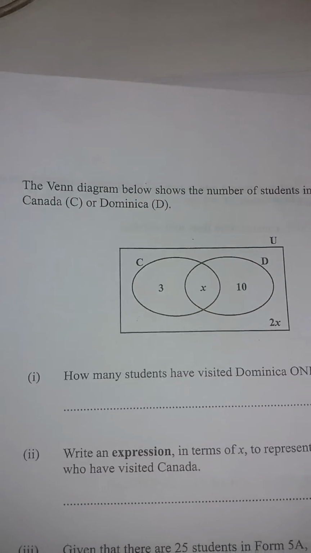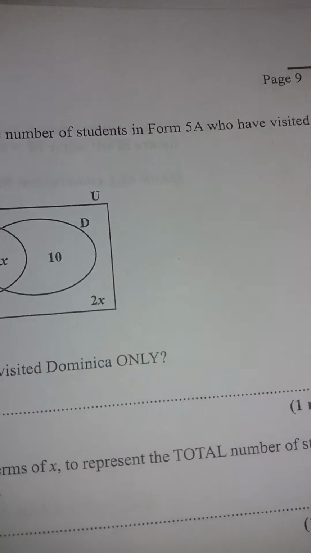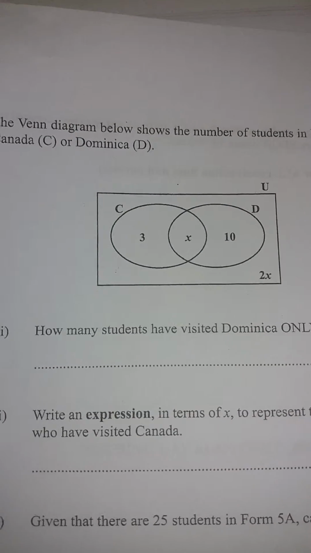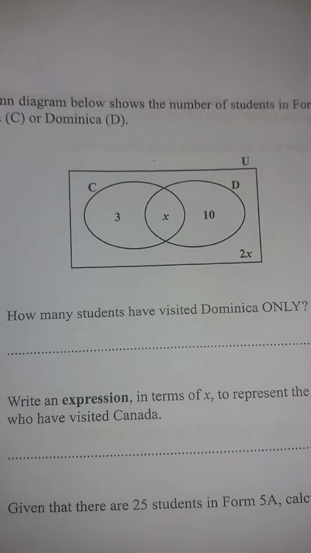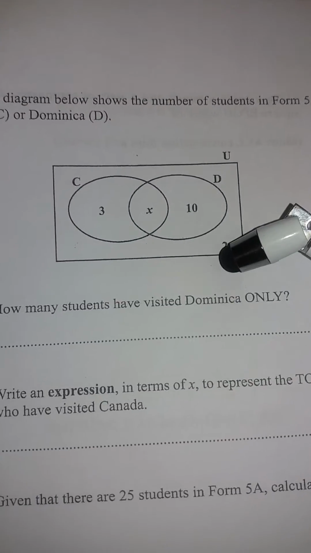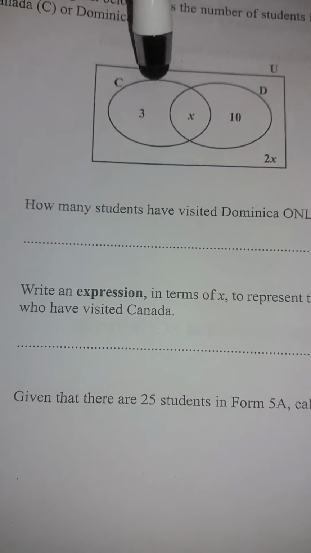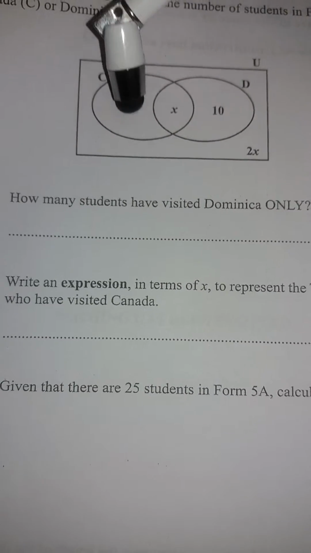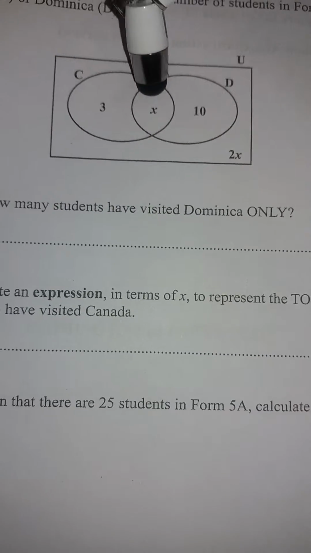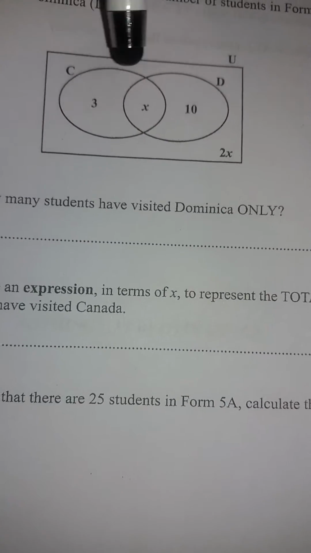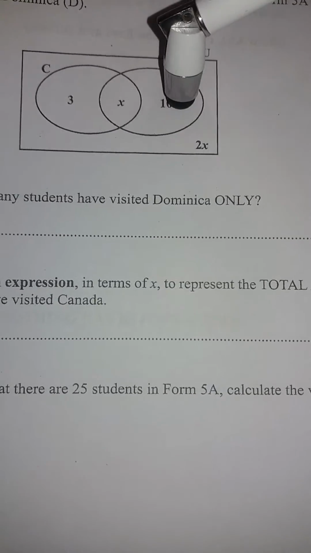First to begin, they said the Venn diagram below shows the number of students in Form 5A who have visited Canada, which is denoted by C, or Dominica, denoted by D. As you can see here, 3 students visited Canada only, x students visited both Canada and Dominica, and 10 students visited Dominica only.